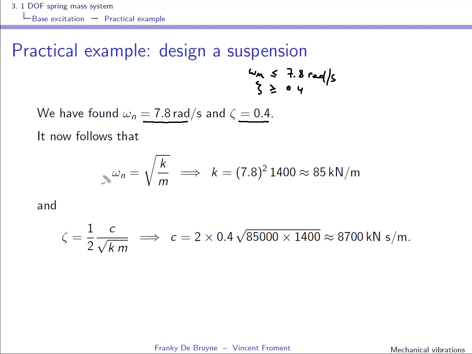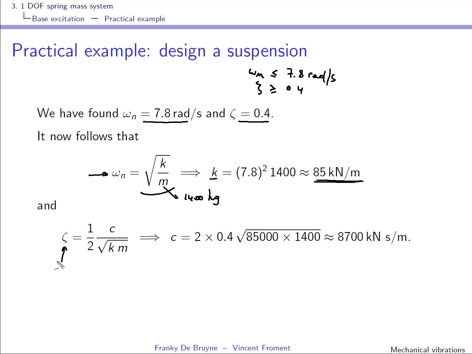Okay, knowing the expression of the natural frequency and knowing that this is 1400 kilos, you can actually compute the stiffness of the spring of your suspension. And then once you have the stiffness, you can compute the zeta.